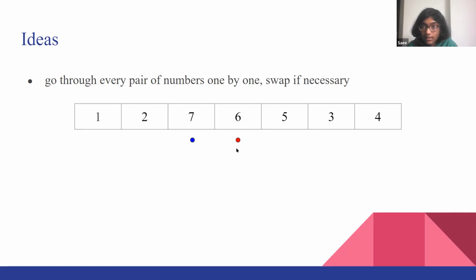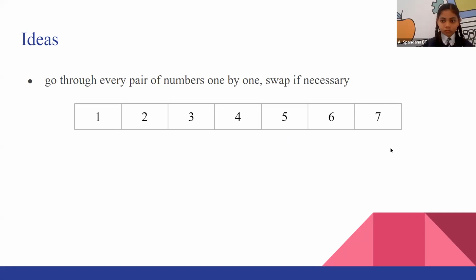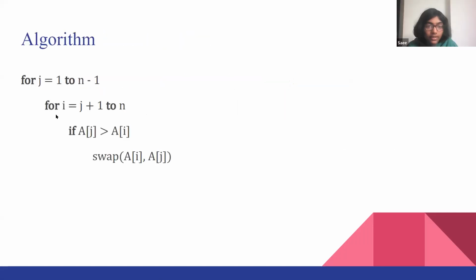Does that make sense? Yes. Okay. So which means that I starts at j plus 1. And when does I stop? At n, exactly. When it reaches the end, it stops. So I'm just going to write here, I going from j plus 1 to n.